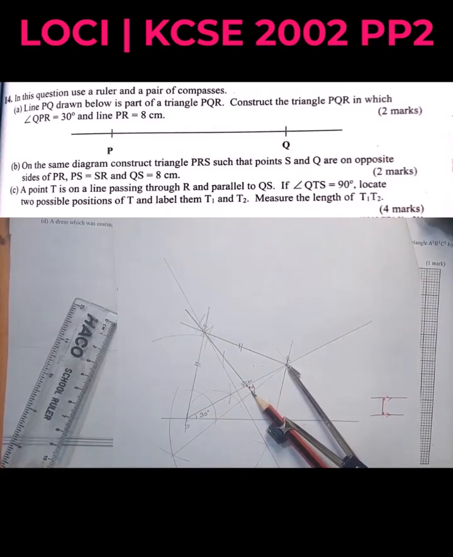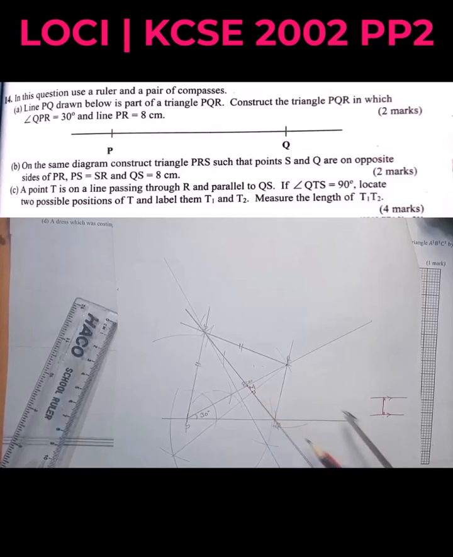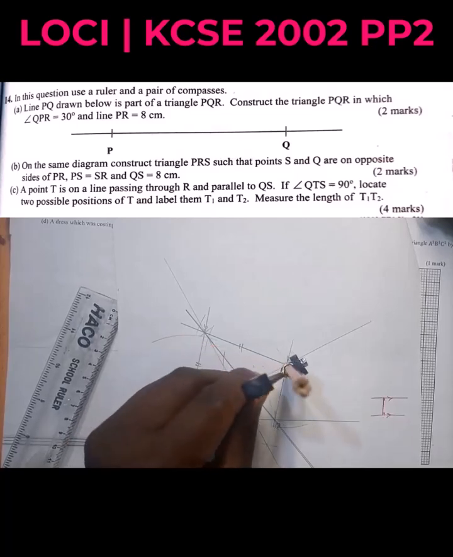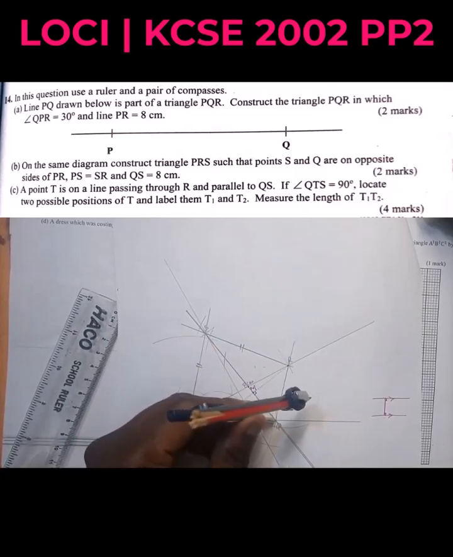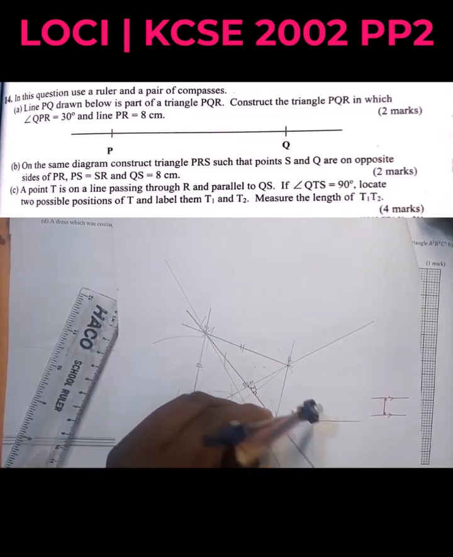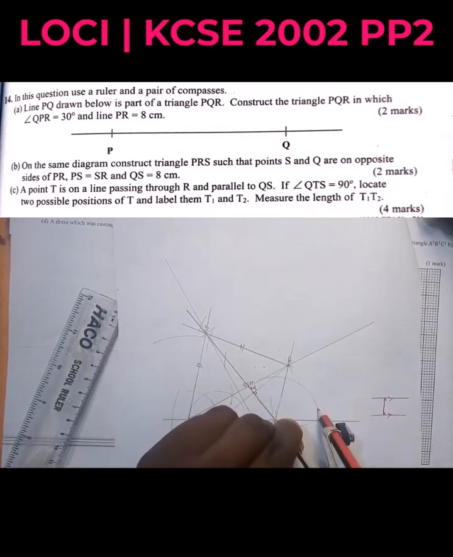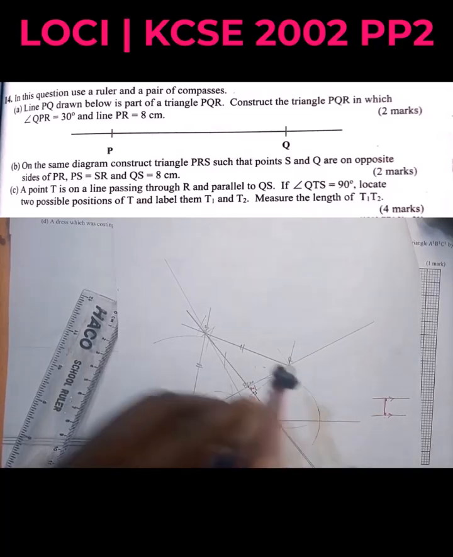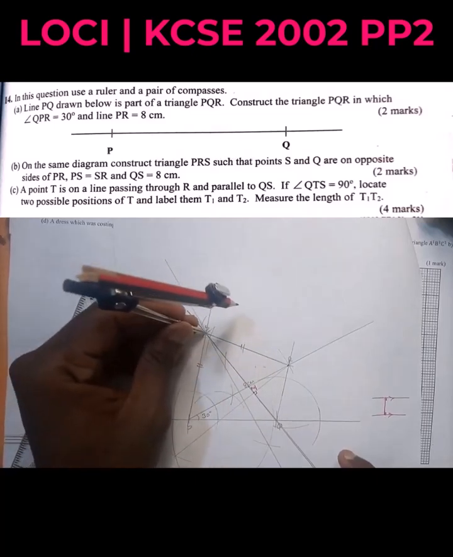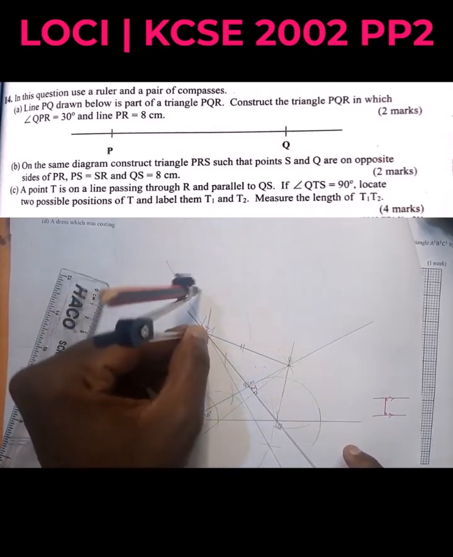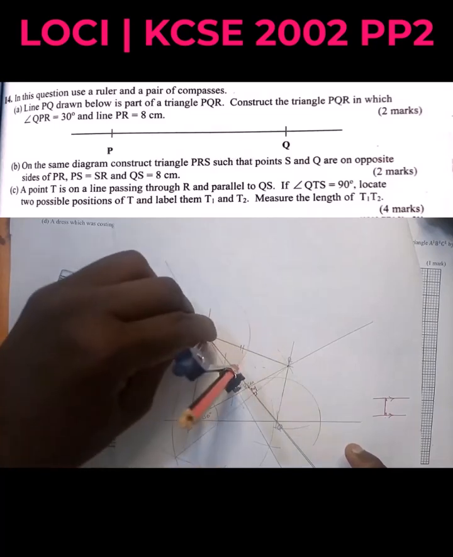So what I'm going to do is stand at Q with this distance taken here, and from Q construct an arc there. Then I stand at S and mark another arc here.